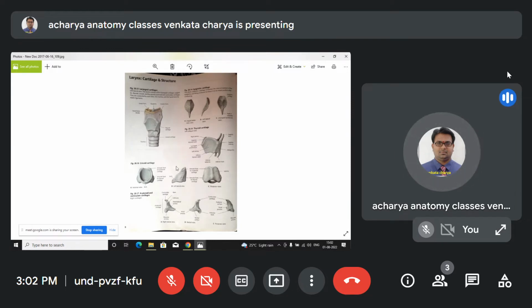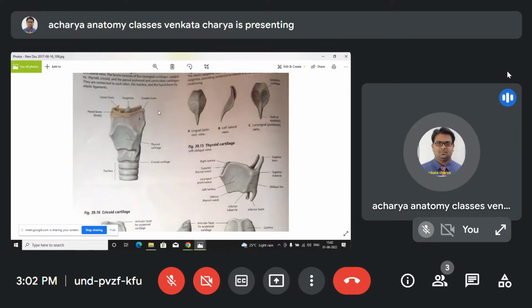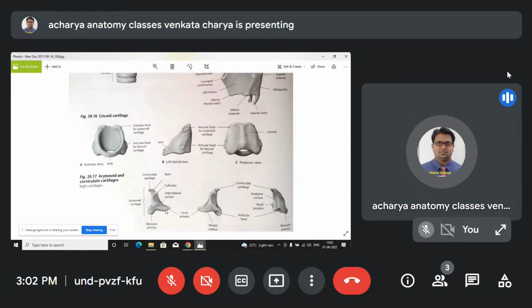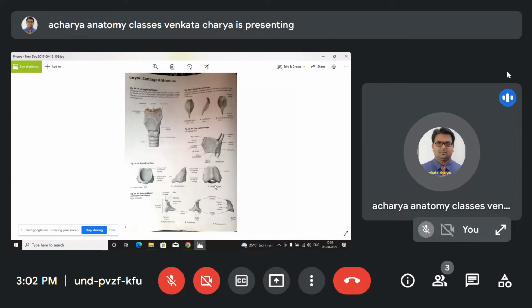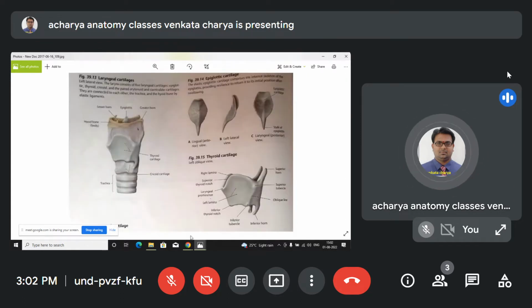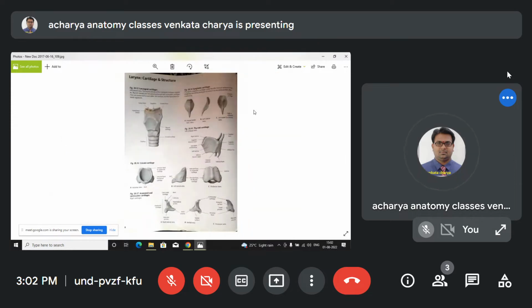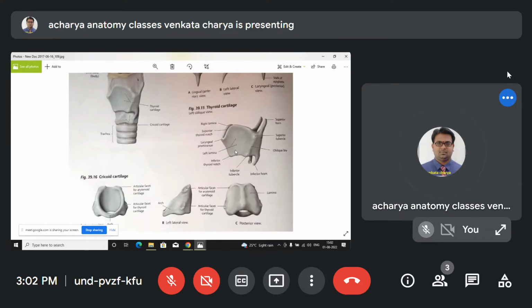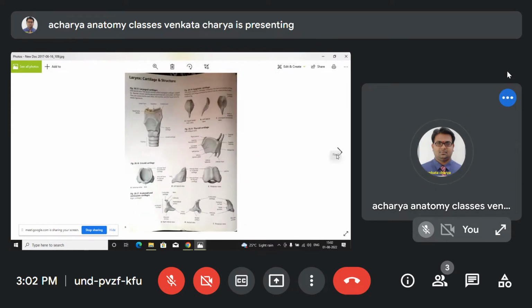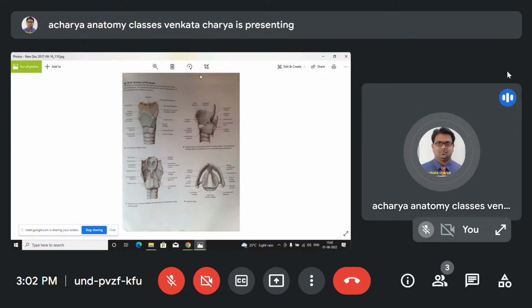So the paired cartilages are 2 arytenoid cartilages, 2 corniculate cartilages and 2 cuneiform cartilages. See here is a section.